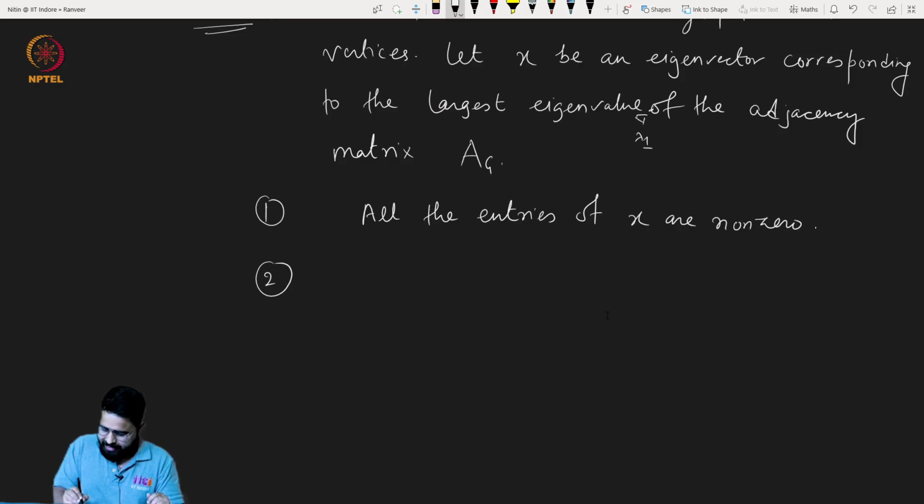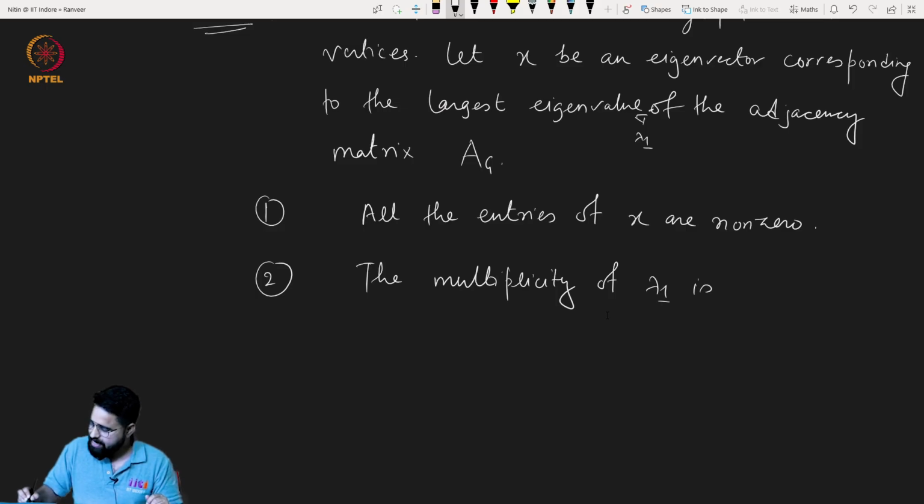The multiplicity of lambda 1 is 1. Basically it means that lambda 1 is not repeated at all. The third one is that all entries in x have the same sign.